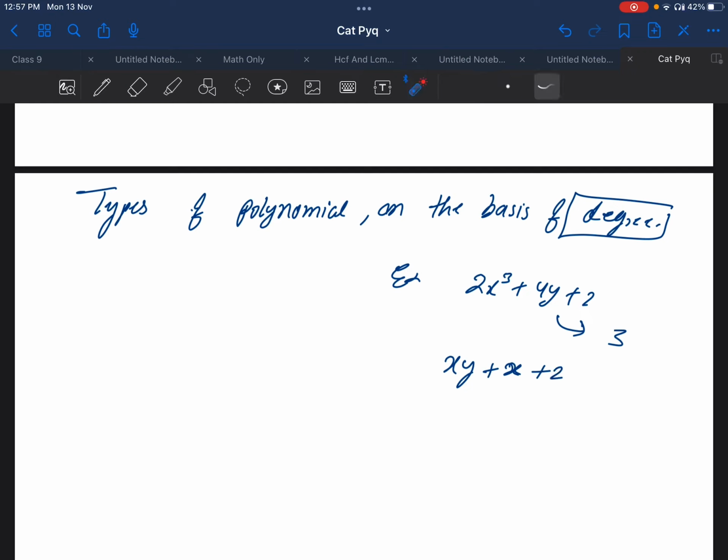For the term xy, we add the powers 1 and 1, so the highest degree will be 2. So the degree is the highest power of a variable.